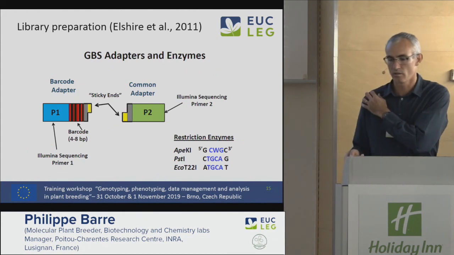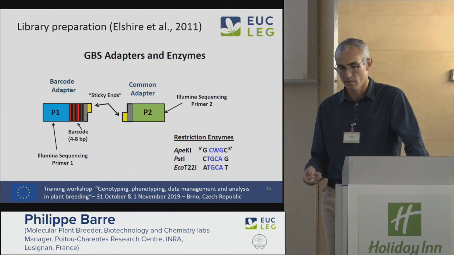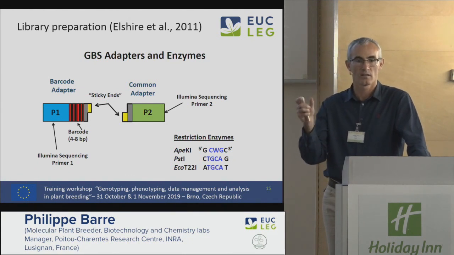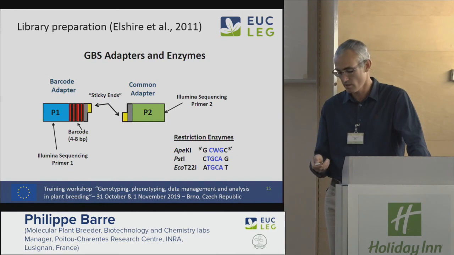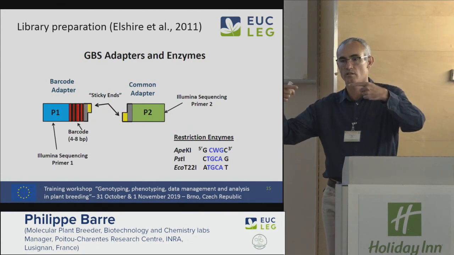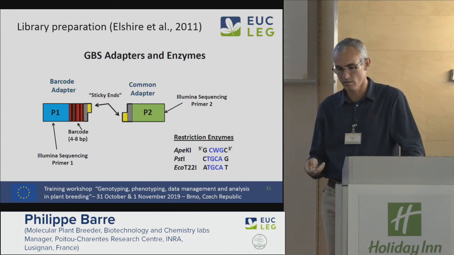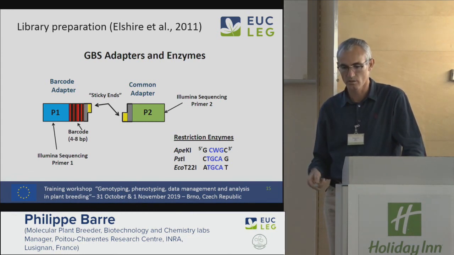So now, if you look at the adapters, it's like that. Like I said, they are DNA sequences, and you have the Illumina sequencing primer, so the primer 1 and primer 2. You have the sticky ends for the enzymes, so it will recognize the restriction site and stick there, and the barcode, and here it's 4 to 8 base pairs.